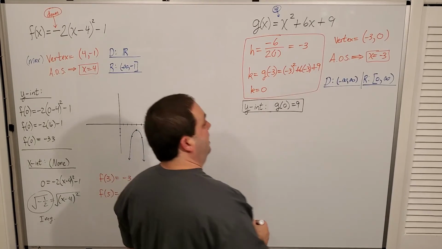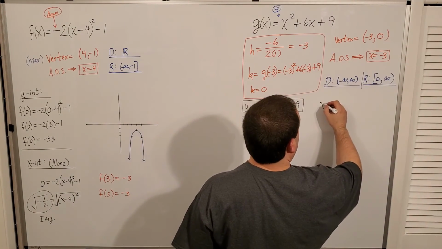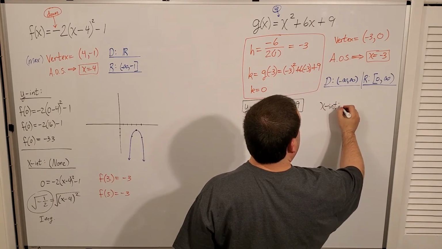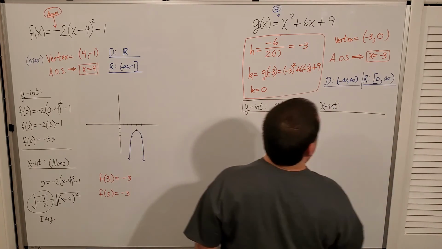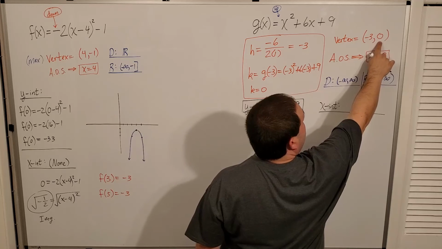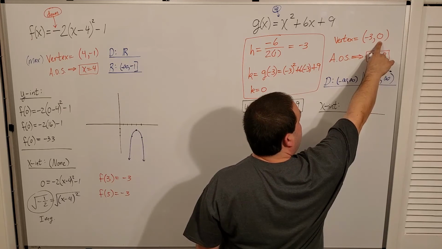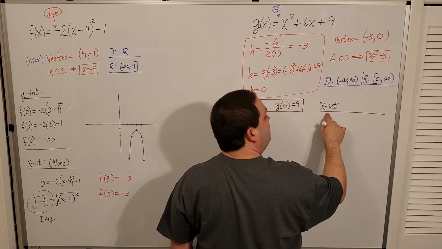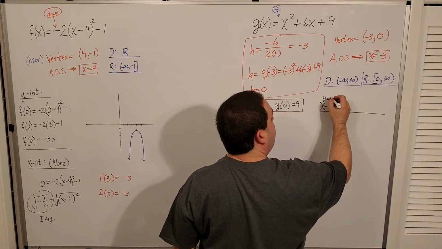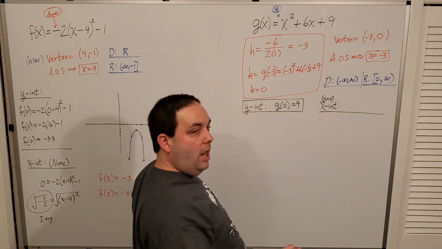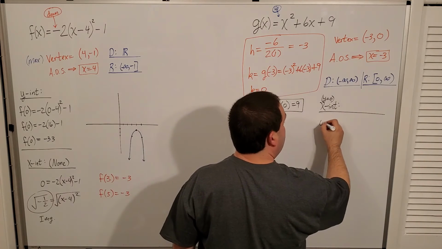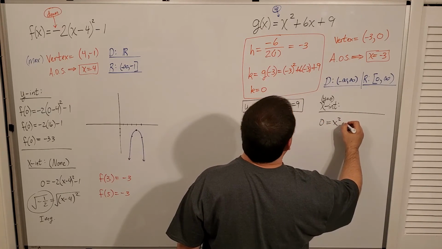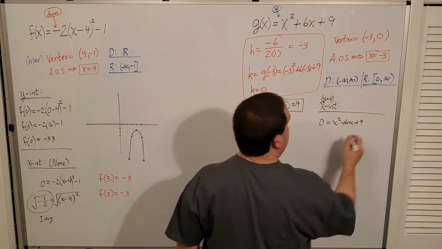What about the x-intercept here? I don't need to do any calculations for the x-intercept on this one either, and that's because I've got another special case. Do you notice the y is 0? Don't forget, the x-intercept occurs when y is 0. And normally what I would do in that case is solve this equation, 0 is equal to x squared plus 6x plus 9.